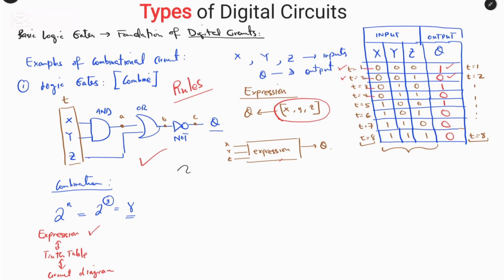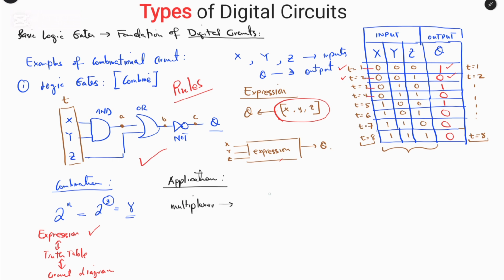So some of the applications we can see from the combinational circuit, where we have mentioned such as a multiplexer.